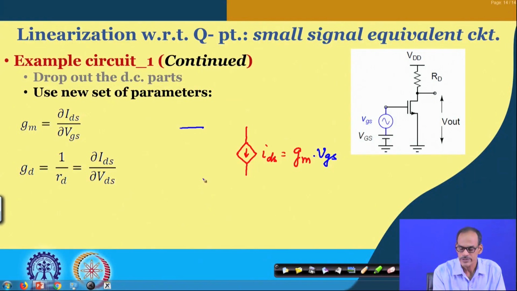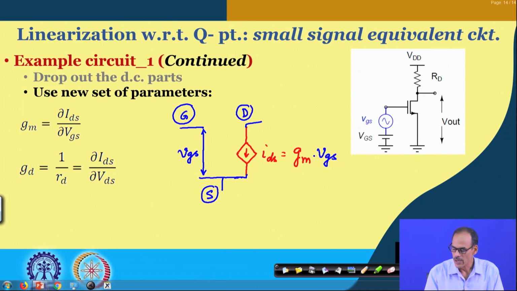And what is VGS? The voltage appearing across the gate to source. So, this is the gate terminal, this is the drain terminal, this is the source terminal of the device.